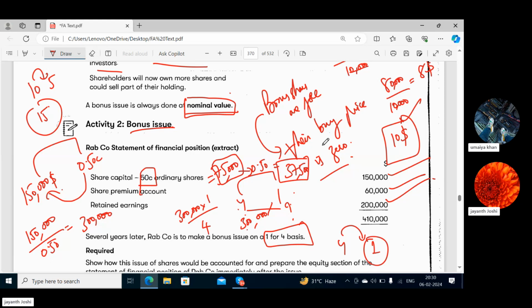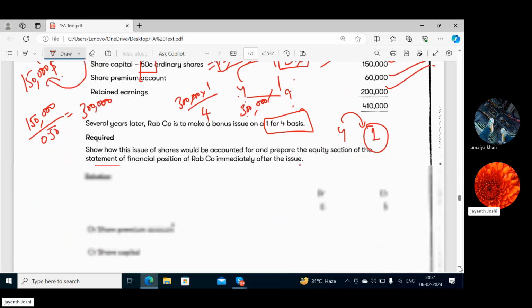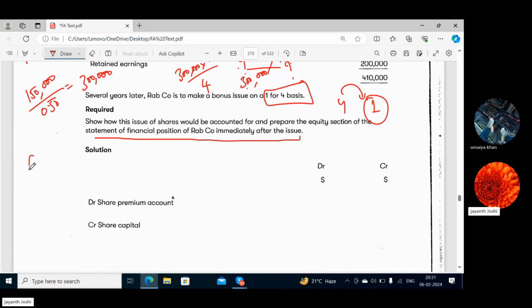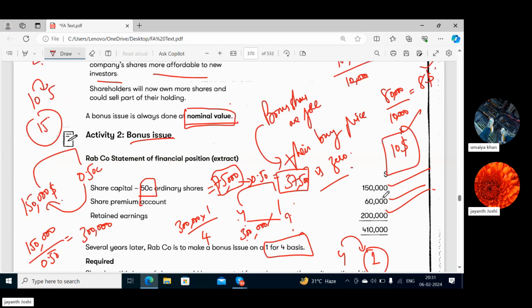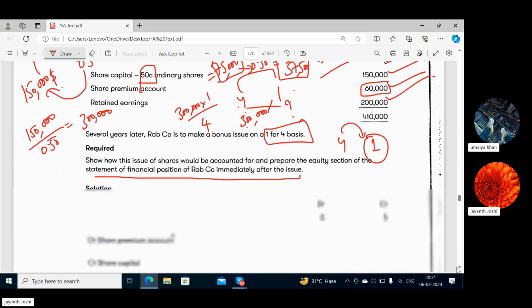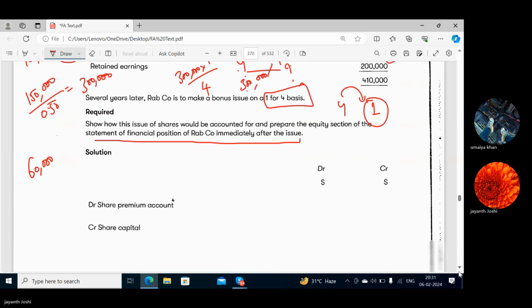Now we know that for issuing this bonus share, we will be using which account? Share premium account, right? We already had how much in the share premium account? $60,000. From this, we can use 37,500 for the bonus issue.